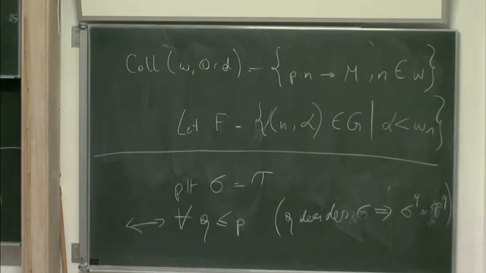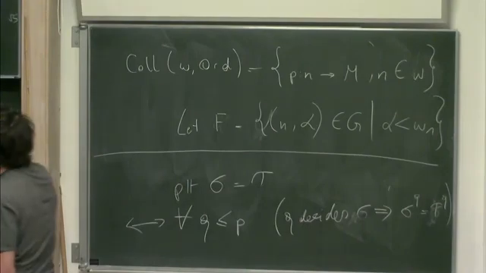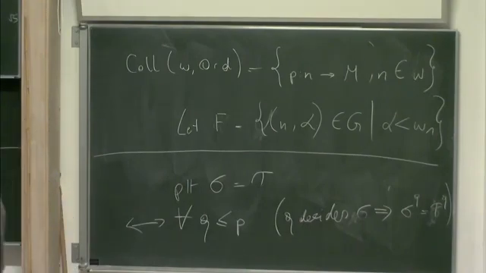Okay, and so perhaps slightly more surprising is that if you have a separative class forcing that does not add new sets, which means that no generic extension by this forcing has new sets, then your forcing actually has the set decision property.